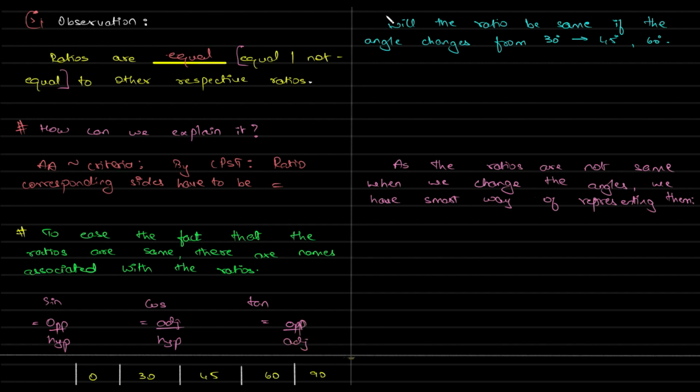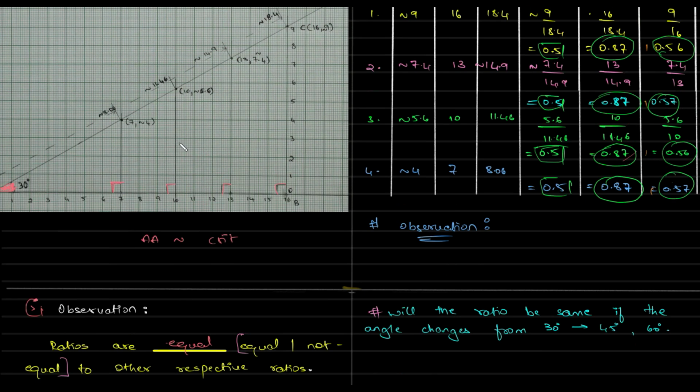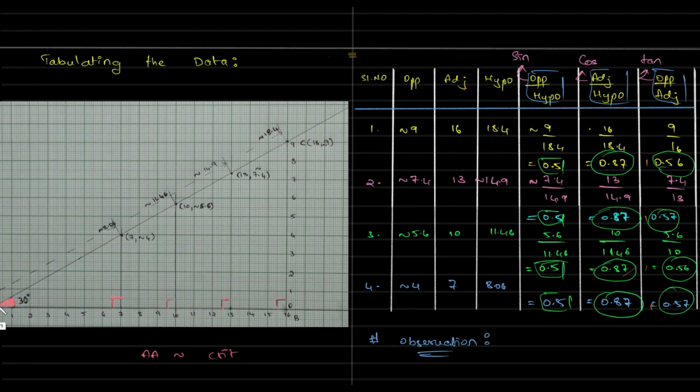Now, will the ratios be the same if the angle changes from 30 degrees to 45 degrees? Well, this is 30 degrees. If I change it to 45 degrees, something like this, that's your 45 degrees.